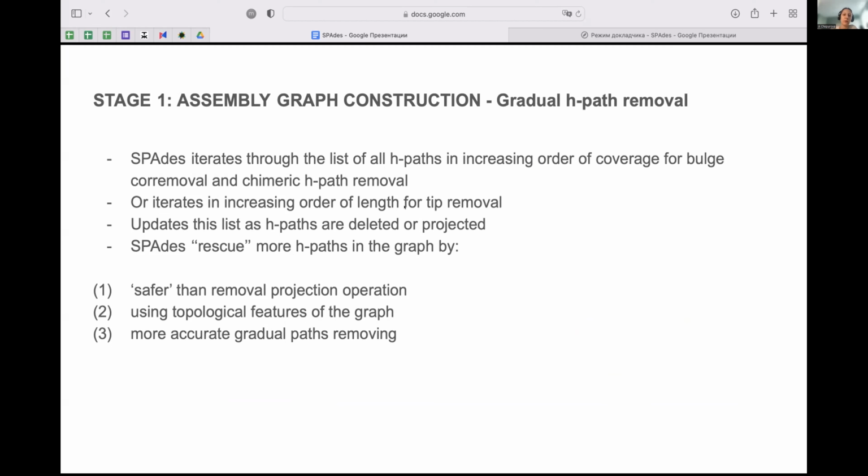So basically it iterates over all paths in increasing or decreasing order of coverage, and all three properties allow us to reconstruct more accurately.